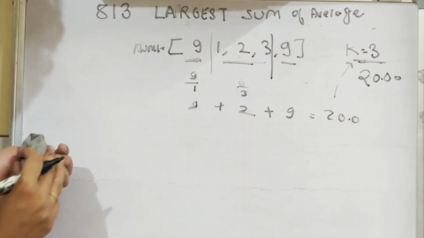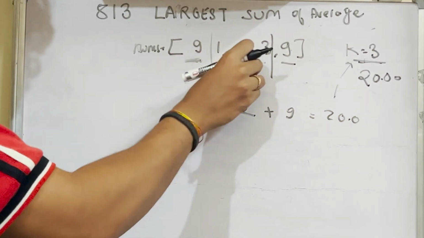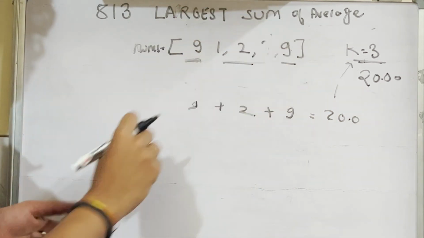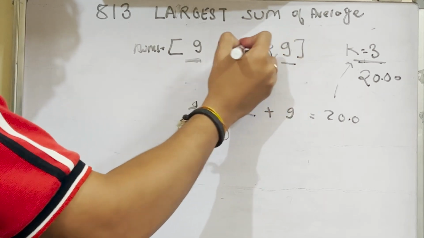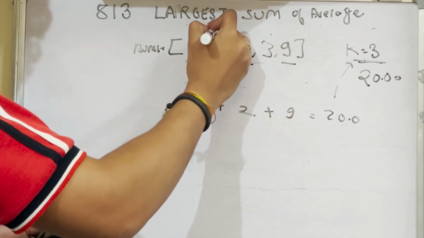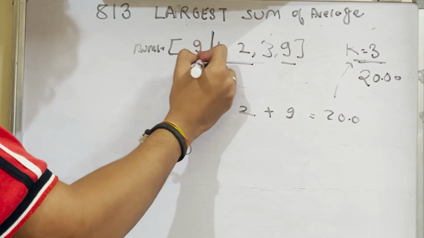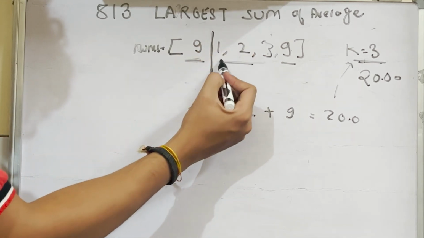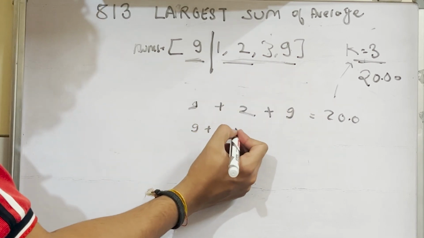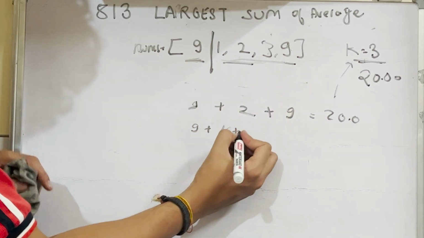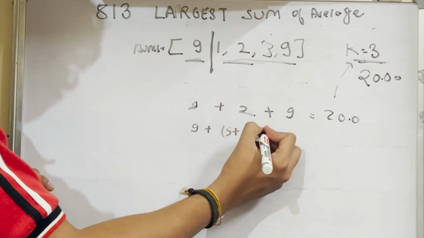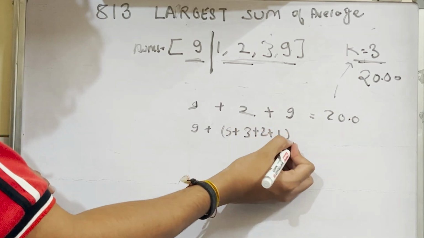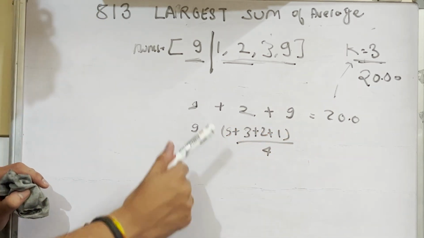For example, if you divide your array in a different manner, the average of this part will be 9, and the average of this whole part will be 9 plus 1 plus 2 plus 3, divided by the number of elements, which is 4.